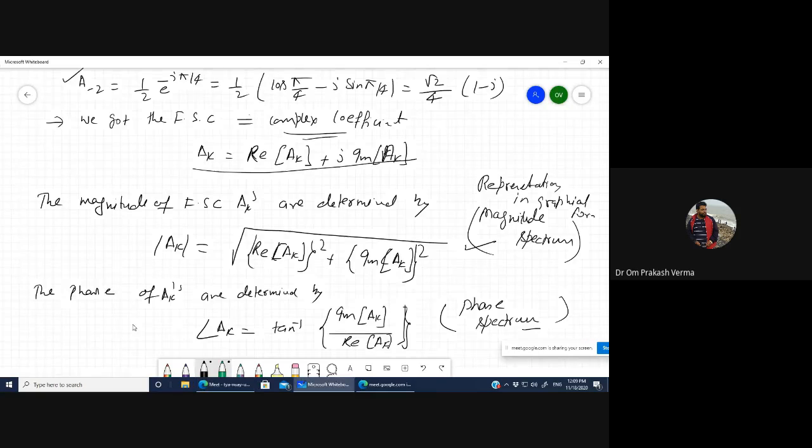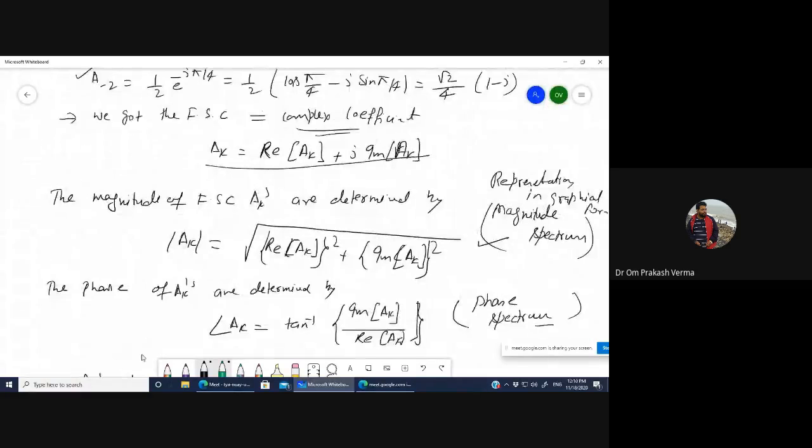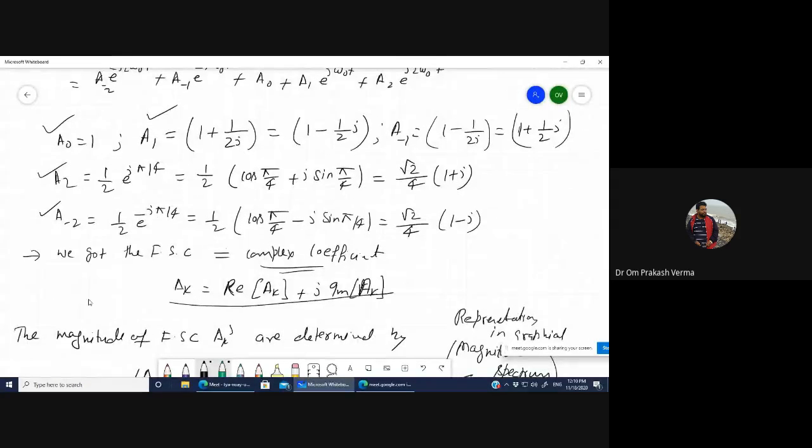So the magnitude of A naught is already given, 1. This is a real number. However, the magnitude of A minus 1, can you tell me what is the value of A minus 1? A minus 1 is 1 plus 1 by 2j.